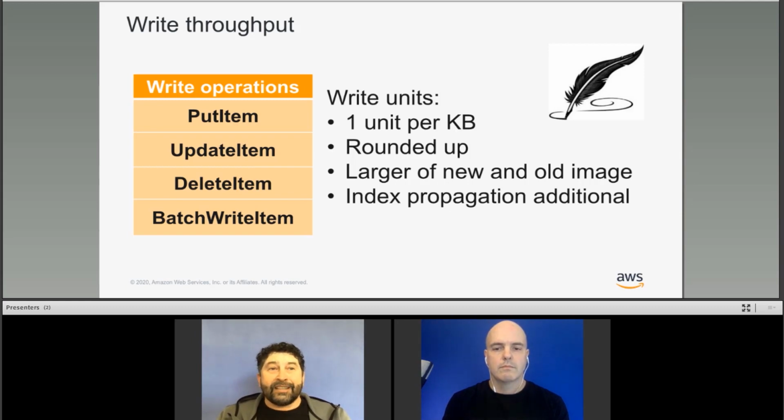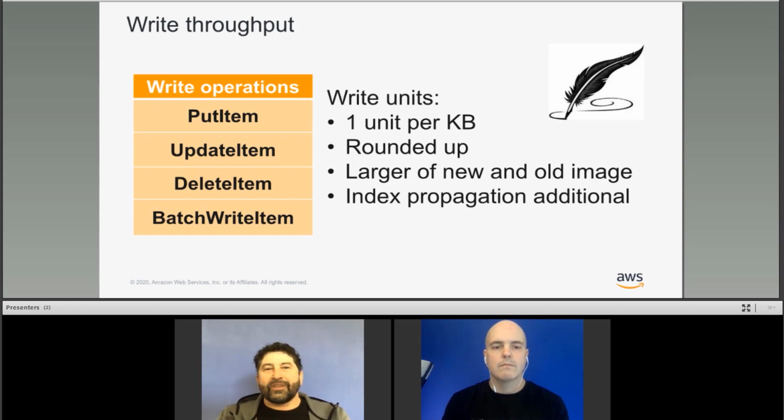In the case of a delete, again, we look at the larger of the new and the old image. So the new image is 0, right, because the item's gone, but the old image may have been a 15 kilobyte item. So the cost of making that delete is 15 write units. We have a batch write item API, which allows us the convenience of bundling a number of put item and delete item requests in a single API call.